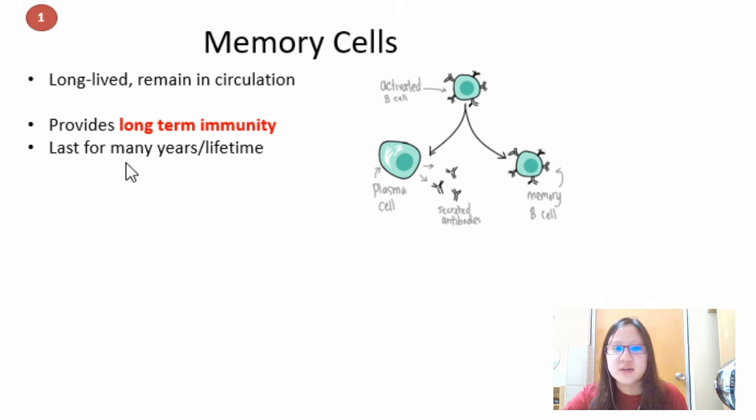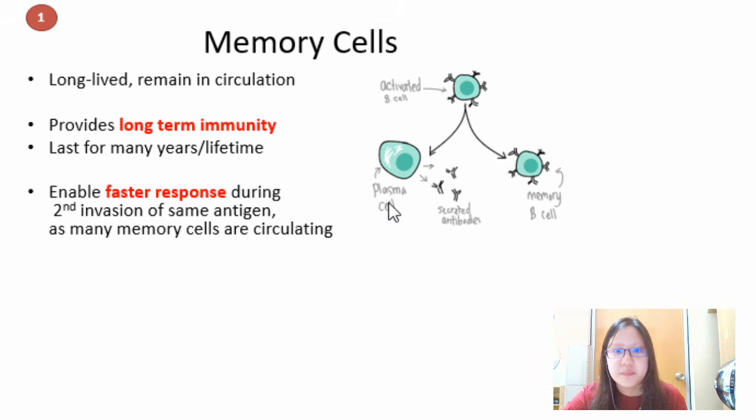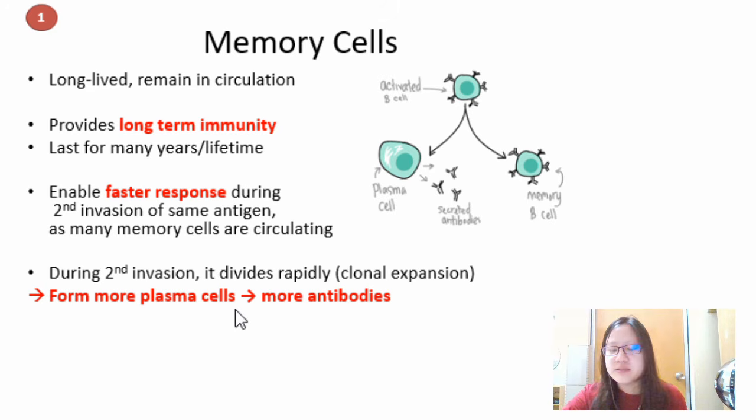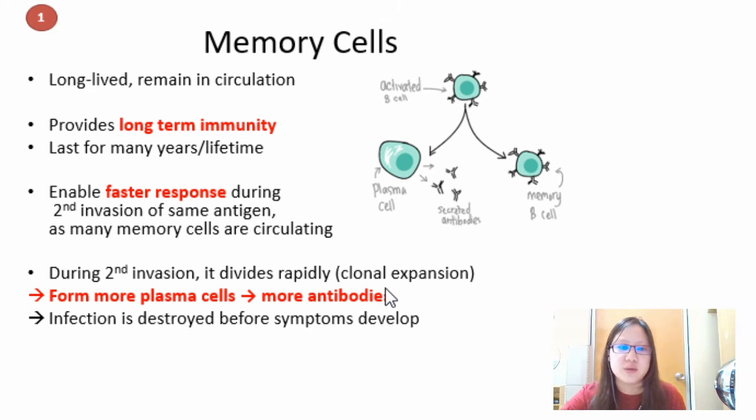And what they do is they last for many years in a lifetime, and they enable a faster response during the second invasion of the same antigen because they are memory cells circulating already. During the second invasion of the same pathogen, it can divide rapidly, okay, or clonal expansion. It can form more plasma cells, which forms more antibodies, and this speeds up the response.